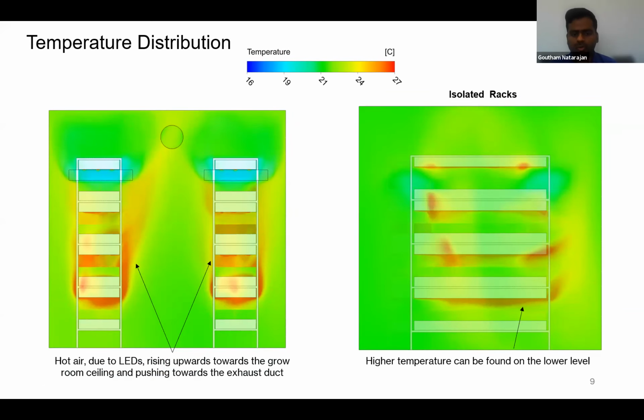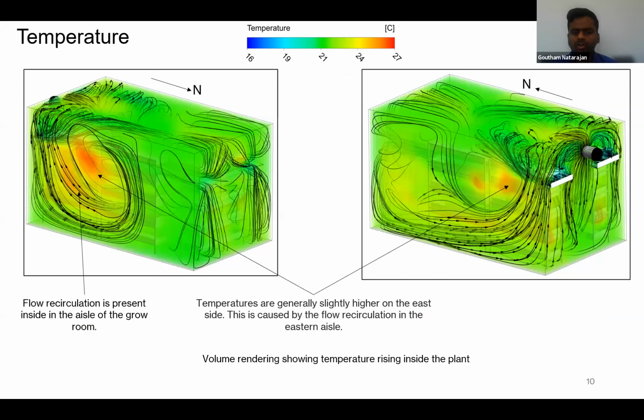This is generally a buoyancy effect. And over here, we have a volume rendering showing the temperature distribution inside the grow room, or the whole shipping container. The flow recirculations are present inside the aisle of the grow room, which could be seen over here. But as I stated earlier, there is temperature stratification between the racks.